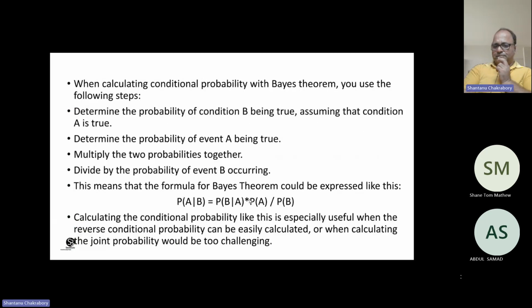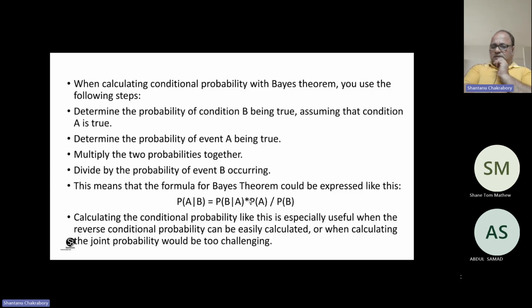The formula can be expressed in this particular way. When we determine the probability of a particular event given that another event is true, we calculate the Bayes theorem. The Bayes theorem can be expressed using conditional probability, which is very useful when you reverse the conditional probability.